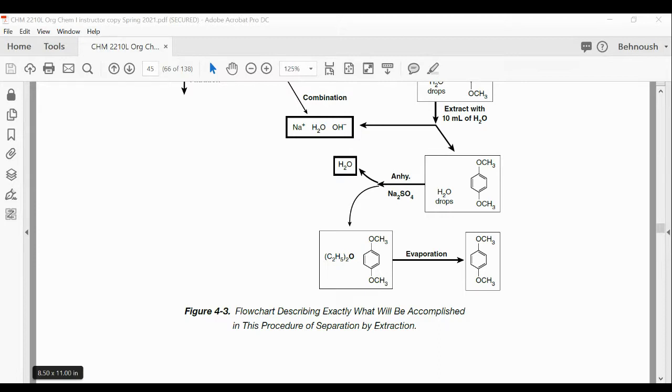Yes. When doing consecutive extraction, yes. So you don't use like 5 milliliters of sodium hydroxide. That comes with the experience of the person who is designing the experiment.